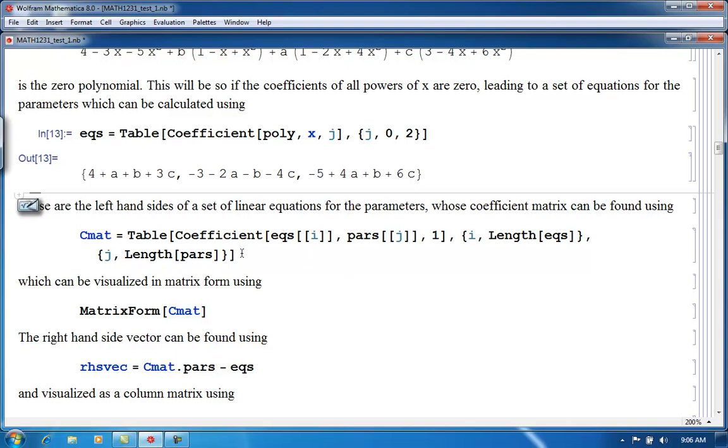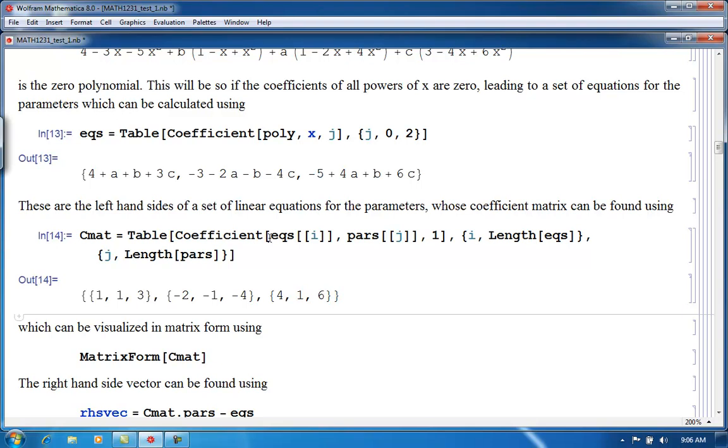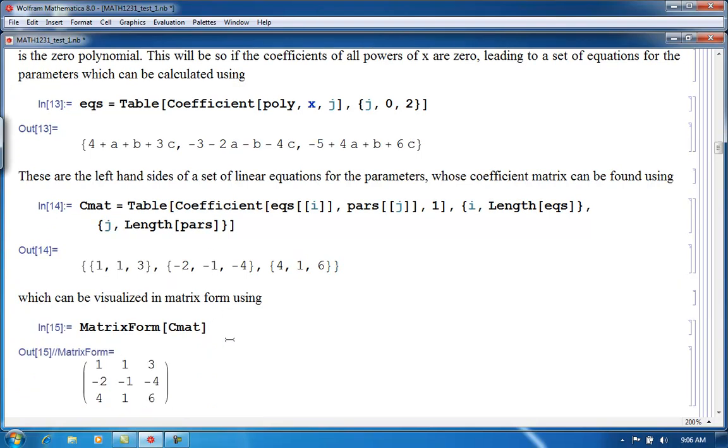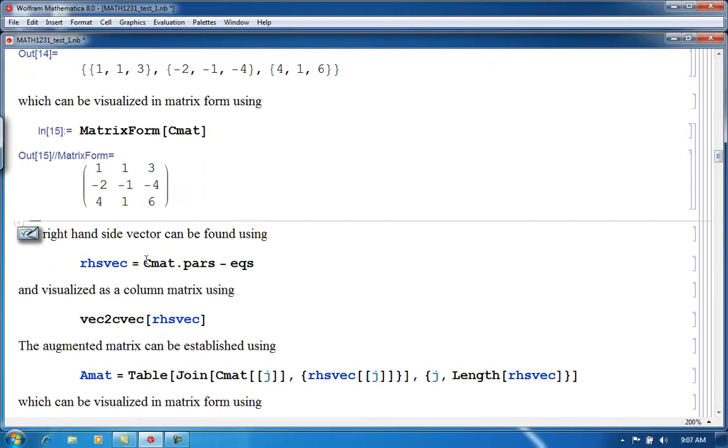So we first calculate the coefficient matrix, which is the coefficient of the jth variable or parameter in the ith equation. So there it is, and we can visualize that as a matrix. And to get the right-hand side vector, we multiply this coefficient matrix by the parameters and subtract off the equations.